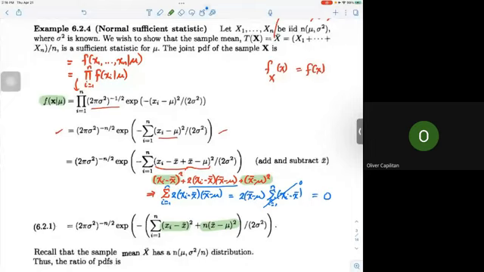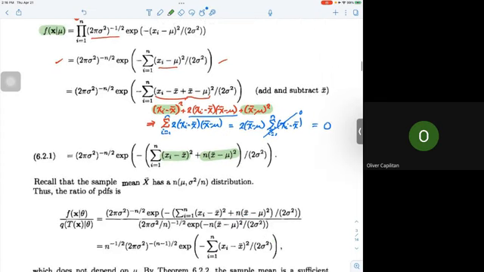Now let's find the distribution of our denominator, the sufficient statistic, the sample mean. We know this already, I think in chapter 5, that the distribution of the sample mean is also normally distributed with mean equal to the population mean mu, and the variance is equal to sigma square over n.